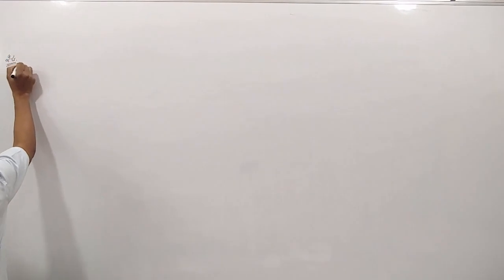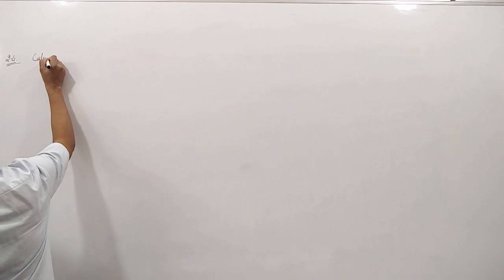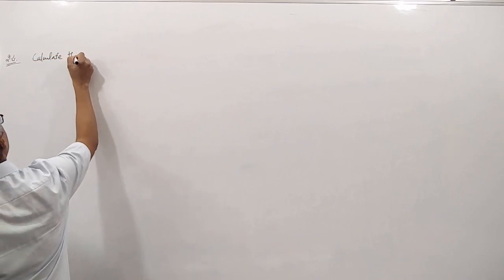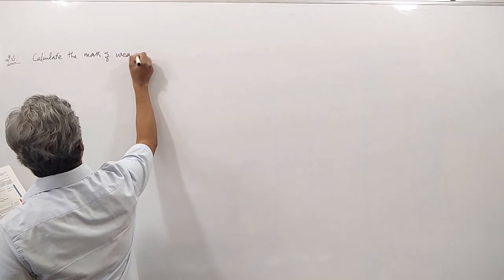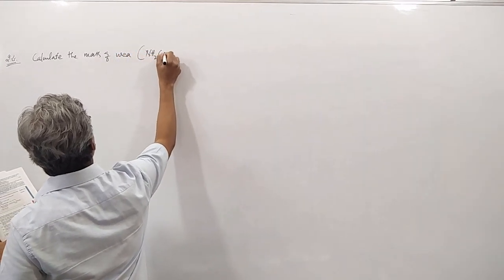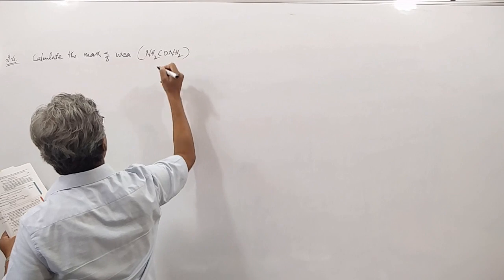Okay. The next problem is 2.4. Here, calculate the mass of urea. Urea is NH2CONH2.